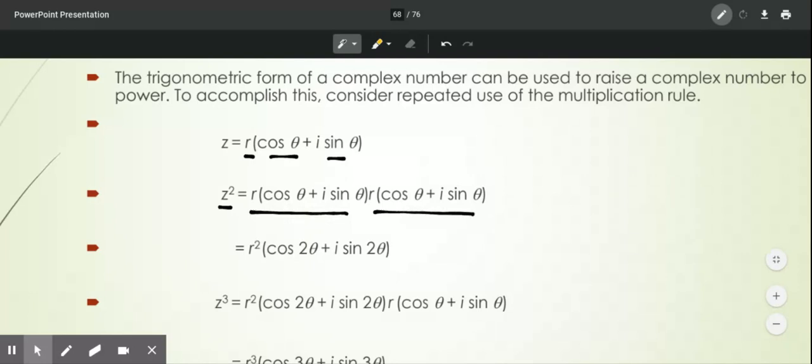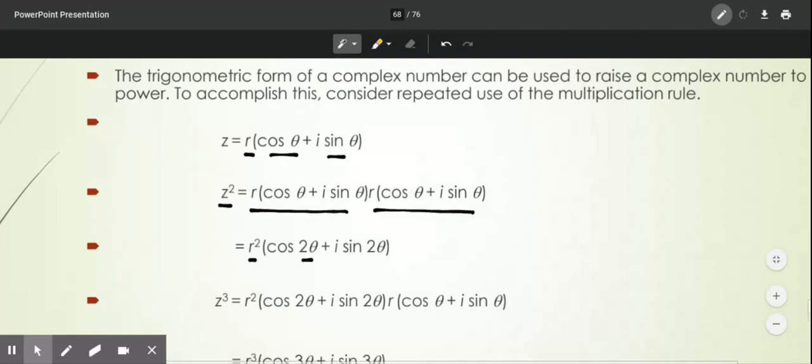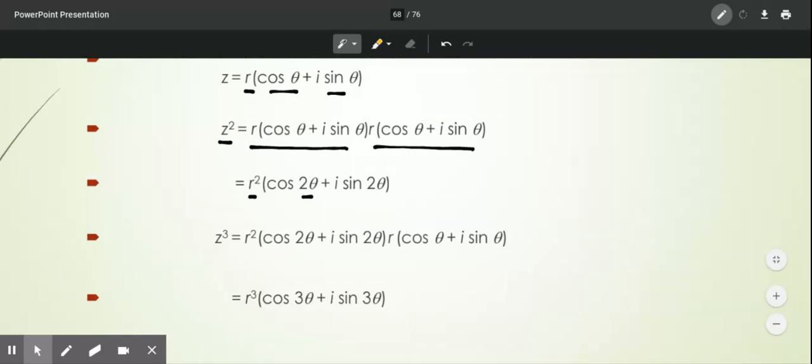If you use that multiplication rule, you would do r times r, which would give you r squared, and then you would do theta plus theta, which would give you 2 theta. Or if you wanted to cube it, then you would do your r squared times r, and so on.